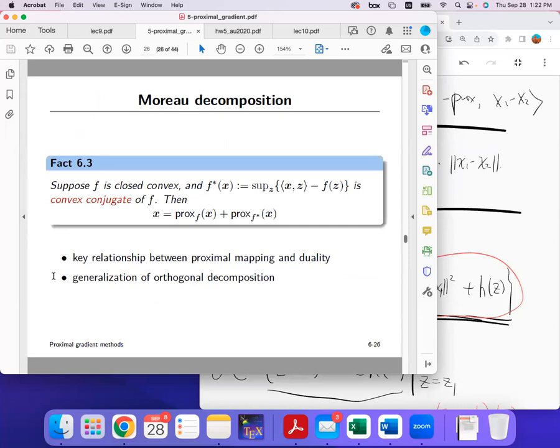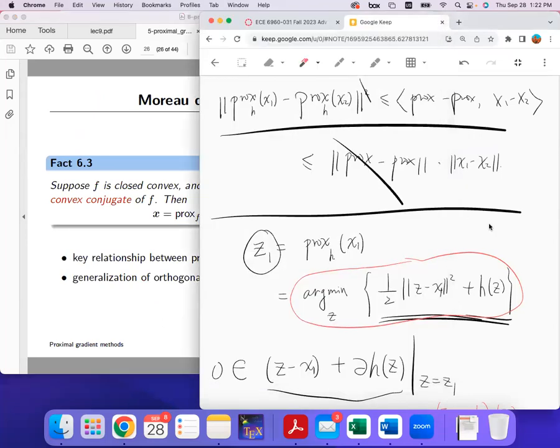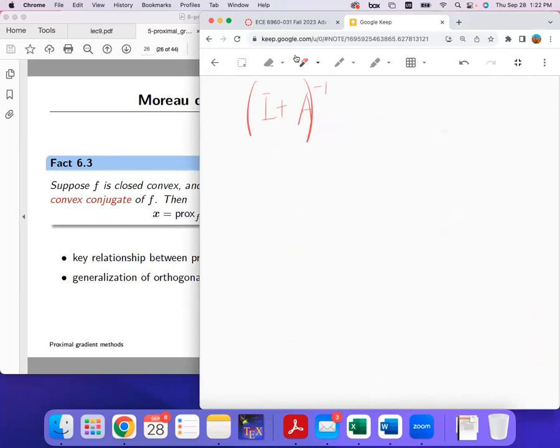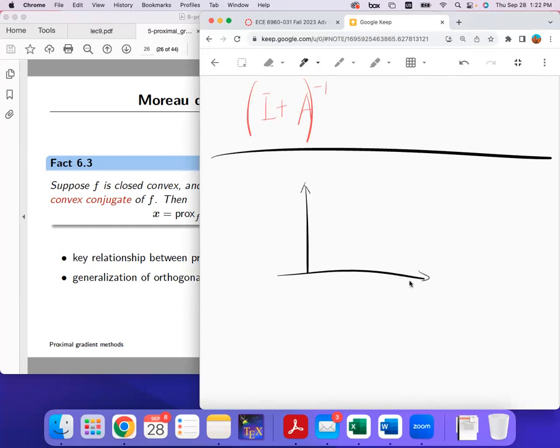Okay. Anyway, one concept that we are familiar with in geometric analysis is that once we have an orthogonal basis, we can decompose any vector into two orthogonal parts.